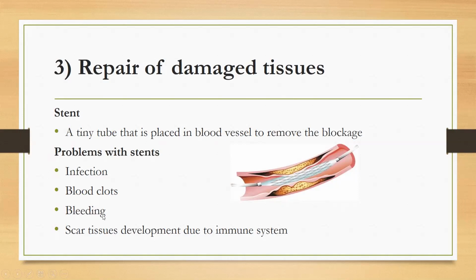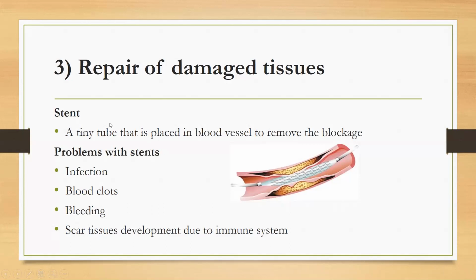So once the stent is placed, there are chances that bleeding may happen, and that ultimately leads to secondary problems as well. So this is another problem. And number four, they might lead to development of scar tissues. So what are the scar tissues? These are the fibrous tissues that could develop in the arteries or in the blood vessels.